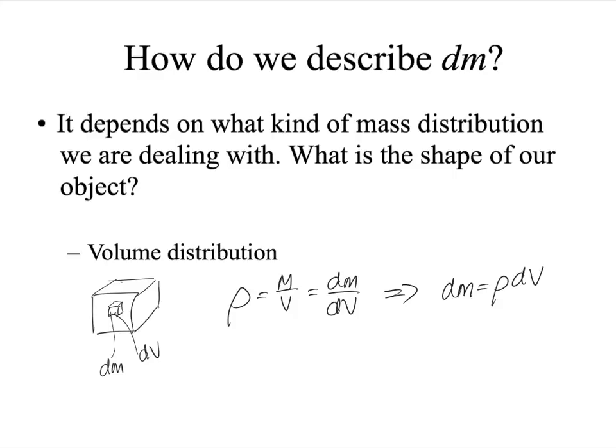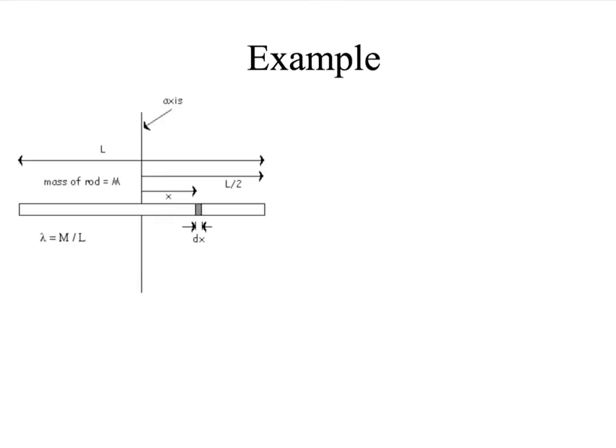As an example, I want to do a really simple example that we would normally see in our book, and that is finding the moment of inertia of a uniform rod with a length L and a total mass m. And the axis of rotation is going to go down through the center of the rod. So I start with my definition of moment of inertia.